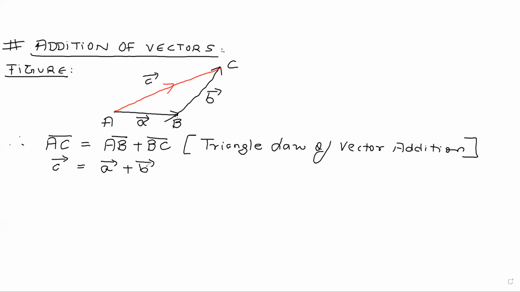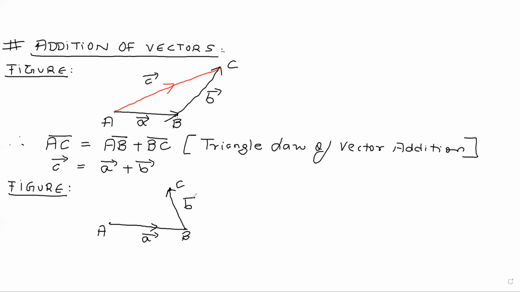And guys, now let me draw another figure for you, where I have point A, point B, and point C. This is AB vector, which I denote by vector A. This is BC vector, which I denote by vector B. Now if this is vector B, what will minus B be?